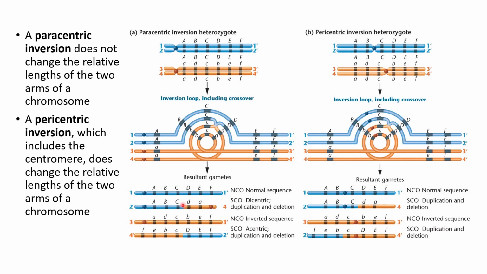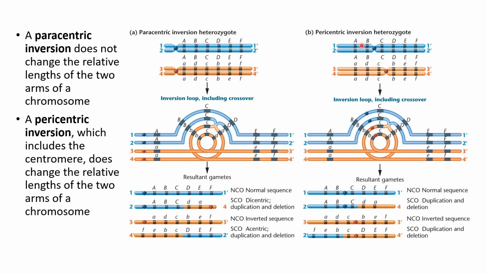So you can have things in which you get something like this, where we have two centromeres on a single chromosome. Obviously, that's going to have problems when you start to try to align things during meiosis or mitosis. If it doesn't have a centromere, it's not going to align very well. So you can see how you can get some problems from an inversion. When we have a pericentric inversion, this includes the centromere, so it does change the relative lengths of the arms.